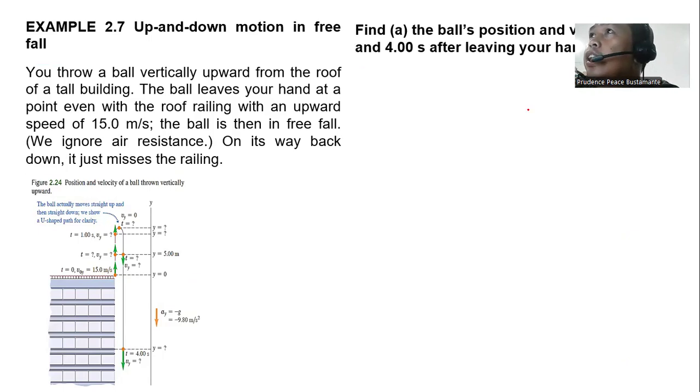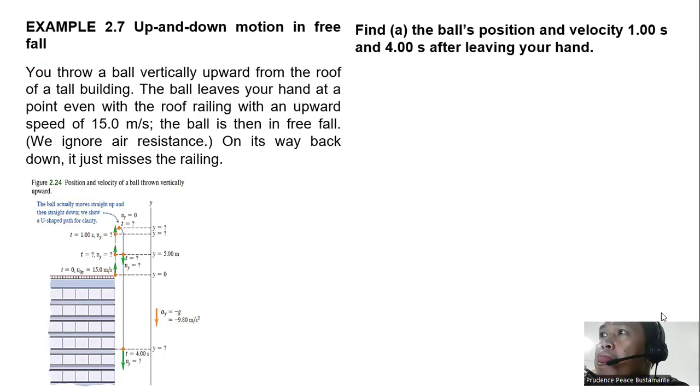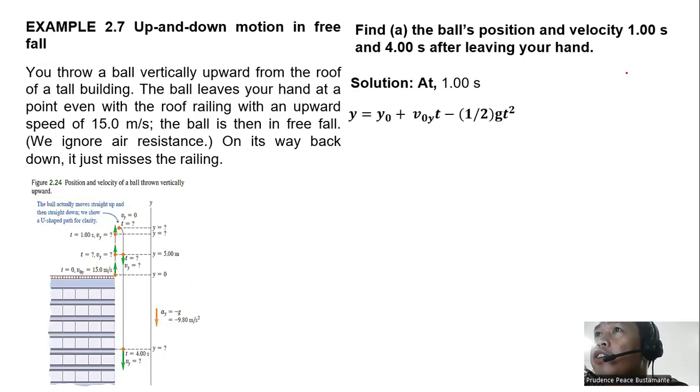The first question here is: find the ball's position and velocity 1.0 seconds and 4.0 seconds after leaving your hand. At 1.0 seconds, we can find the position using this formula, the kinematics equation along y with a_y replaced with negative g. This is your result.